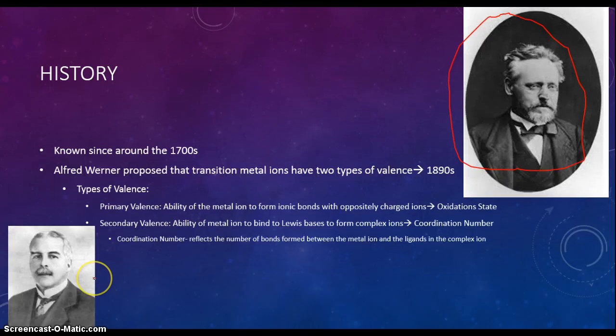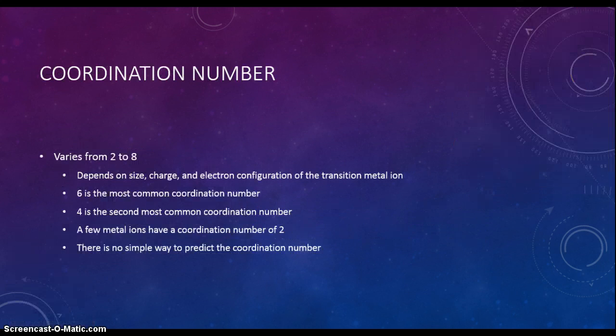And down here in this corner is Gilbert Lewis, who is responsible for the Lewis base and Lewis acid definitions. The coordination number varies from 2 to 8, and it depends on the size, the charge, and the electron configuration of the transition metal ion.